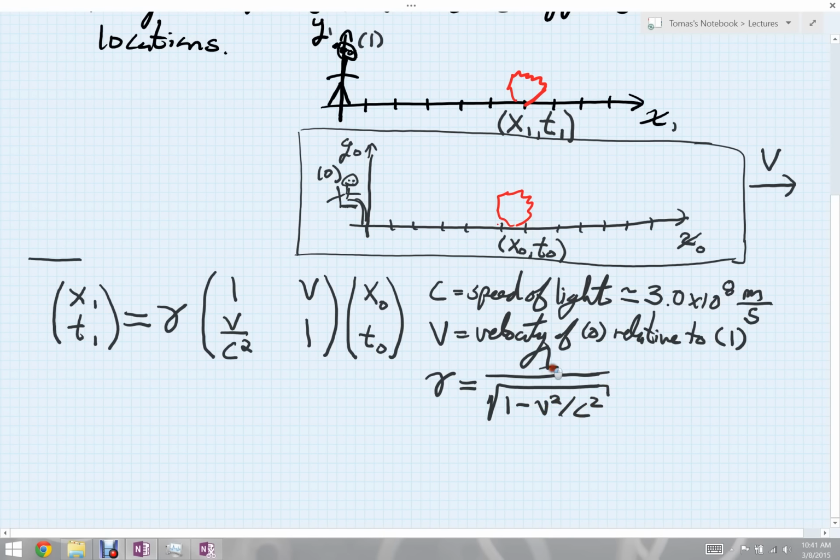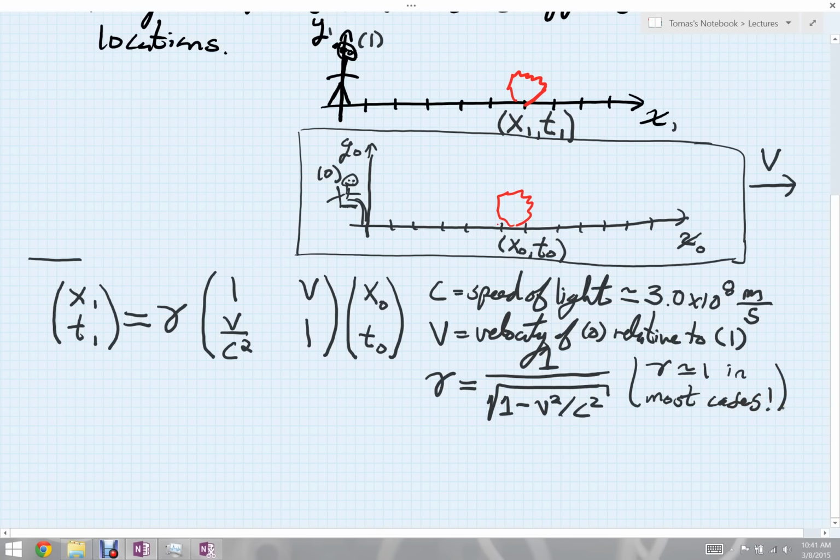Now, one thing I'd like you to notice is that typical velocities v are much less than the speed of light. And so v squared over c squared would be a very tiny number, and then I have just 1 divided by 1. So in most cases, gamma is very close to 1, in most cases that we're familiar with, until you start to travel near the speed of light.